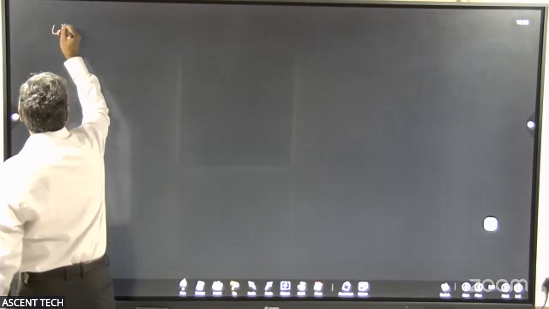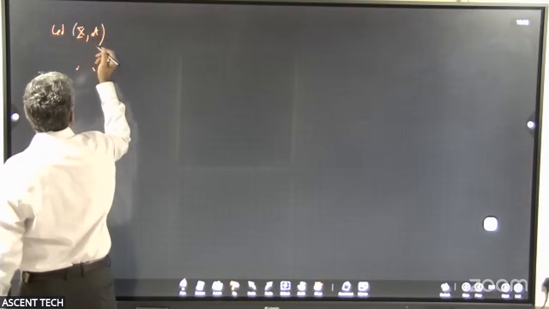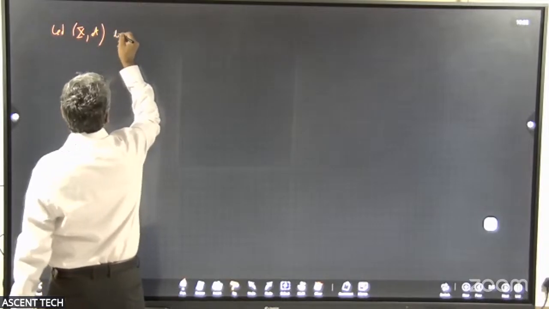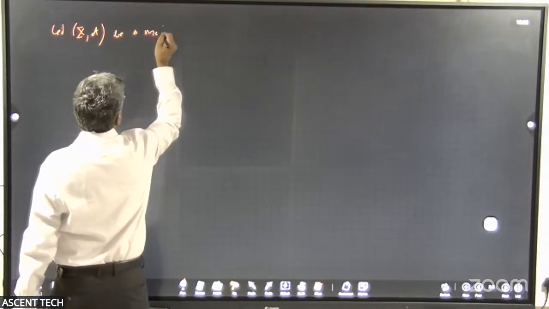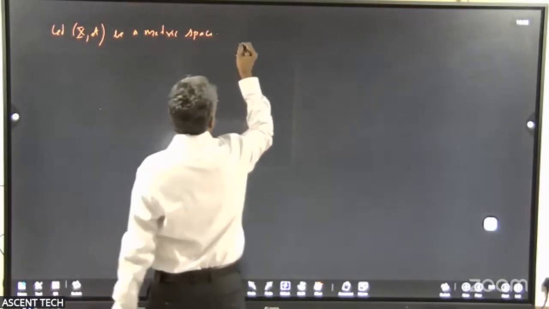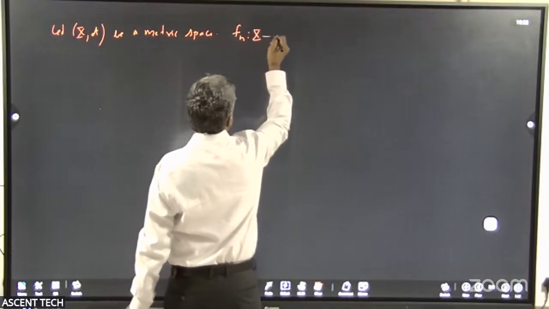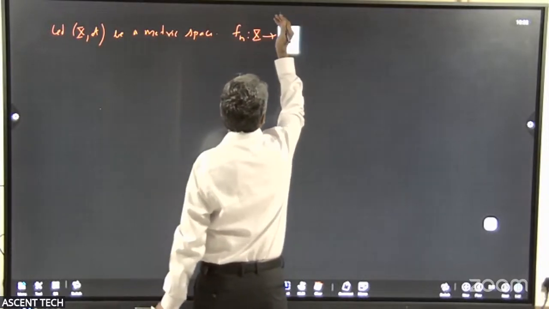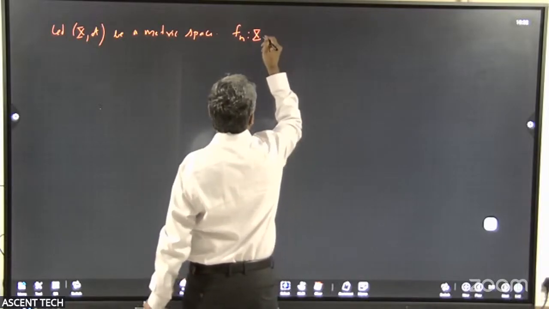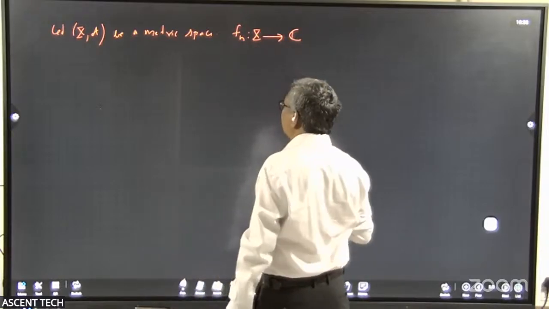Suppose (X, d) is a metric space, and look at a sequence of functions F_n, each a function from X to C. So this is a sequence of complex valued functions.